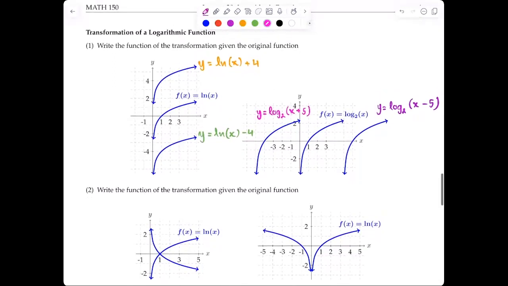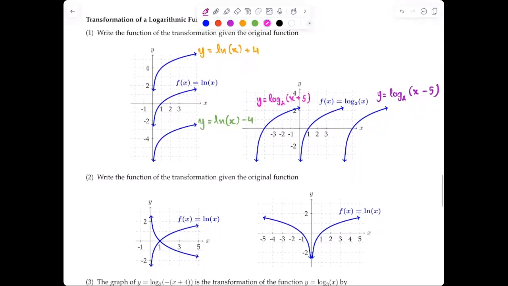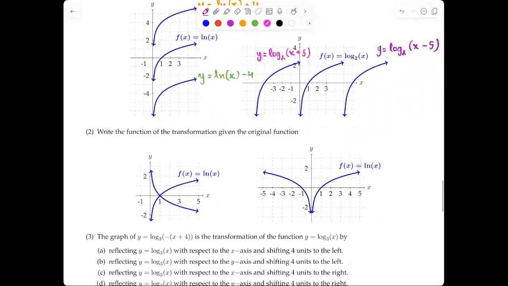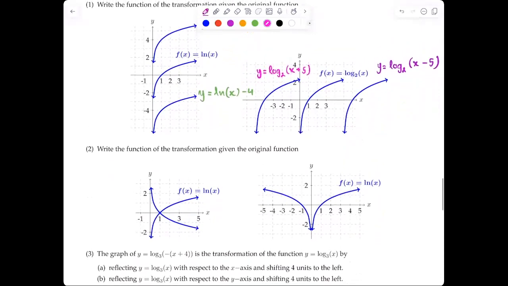Plus 4, not 5. 1, 2, 3, 4, 5. And move it to the left by 5 units. So it's 5 here. Oh, yeah. So vertical shift, horizontal shift.